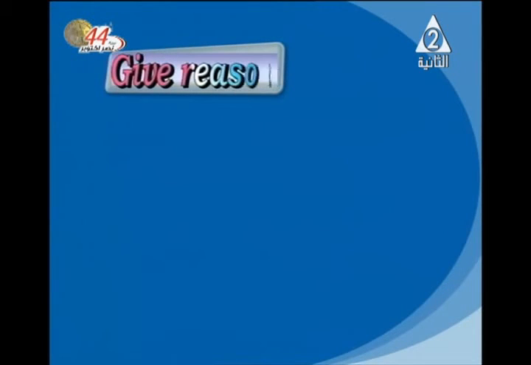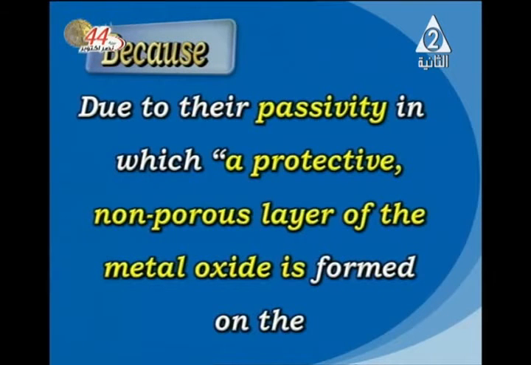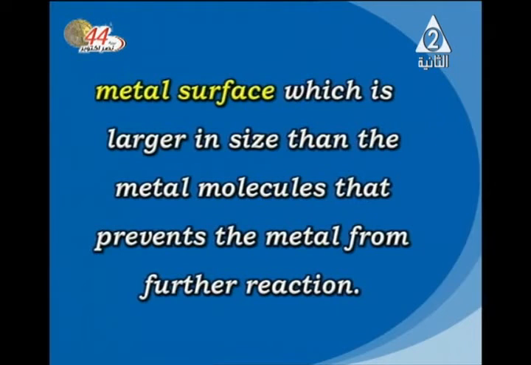Another good reason at this point, my dear students. Iron does not react with concentrated nitric acid. Here the reason for that is the passivity of iron, in which a protective non-porous layer of iron oxide is formed on its surface, which has larger size molecules than the metal molecules that prevent the metal from further reaction.